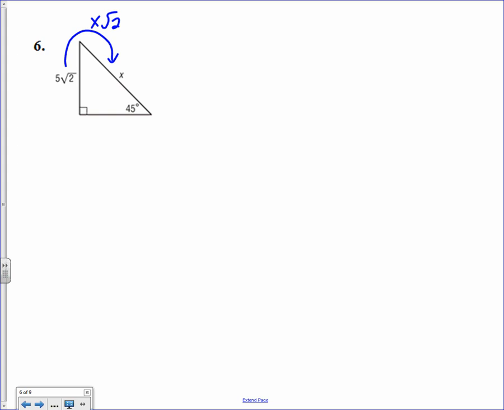That's a times square root of 2, not x root 2. So times the square root of 2. That kind of works with what we're doing here. So we have x is 5 root 2 times root 2. A square root of 2 times a square root of 2 is 2. So this is 5 times 2, which is 10.